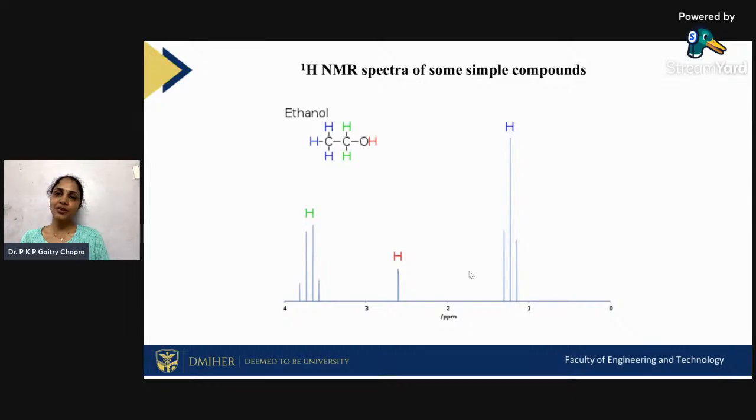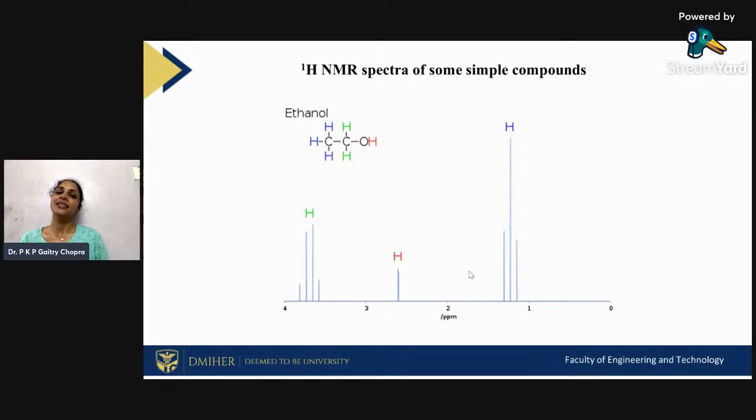In this particular signal, this signal is split into a quartet. Reason? Because on the adjacent carbon we have 3 protons. So 3 plus 1, that is n plus 1, 4. So your signal for CH2 protons is split into a quartet. Now the hydrogen of OH does not interact with the other protons, that means the CH2 protons.